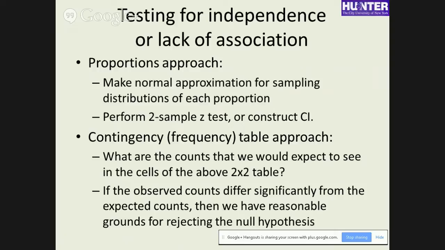What I'm going to show you today, this contingency table, is a little bit more general than that, in that it's not limited to cases where you can express your data as a proportion. So if you have 3 different options, it's not so simple to just express a proportion. The frequency table approach works on any size of contingency table.